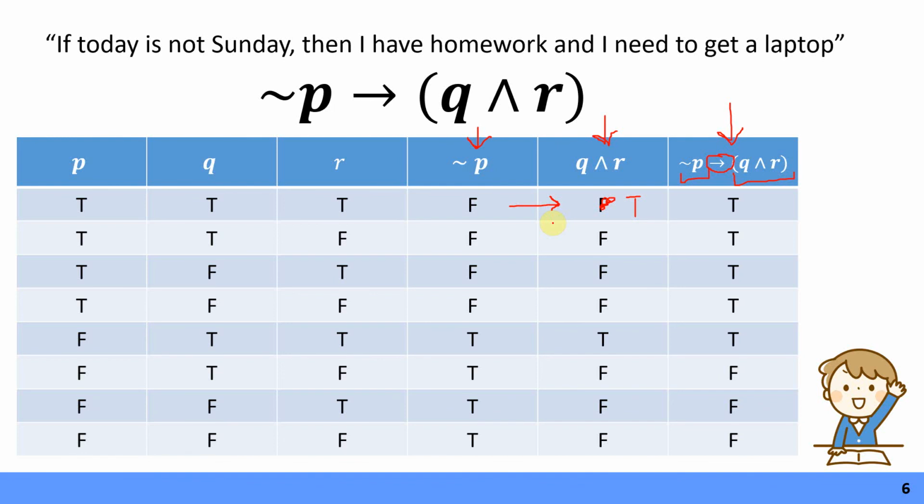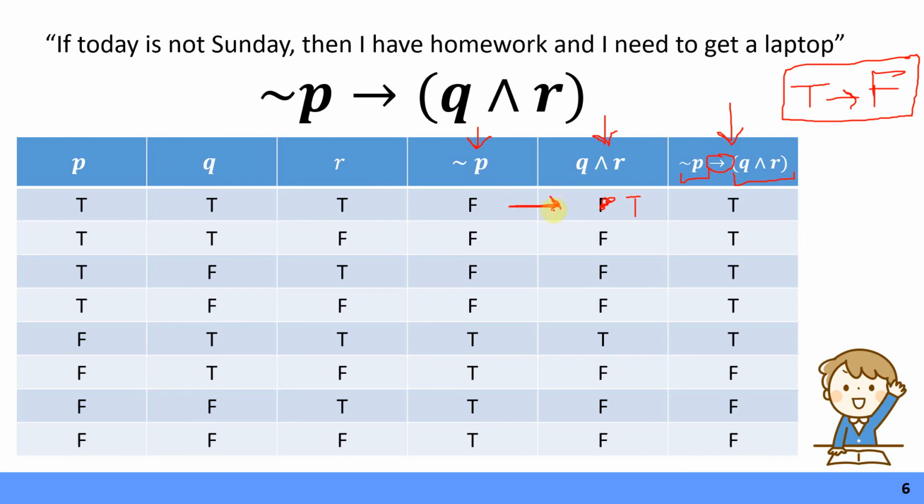Conditionals are always true, except when we have a true, then false. So before you make your truth table, ask yourself, do I remember what a conditional means? This is the only one that's going to result in a false. All right, so with that being said, let's go ahead and get started.